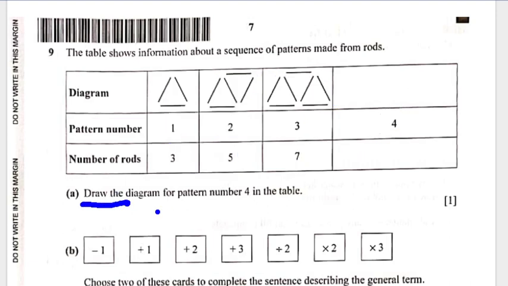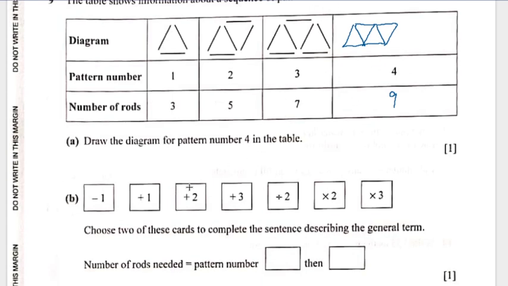Question is, draw the diagram for pattern number 4 in the table. So I'm going to just redraw this one. Okay, so I will draw 1, 2, 3, 4, 5, 6, 7, 8, 9. Then I put here 9. Okay, can? Alright.